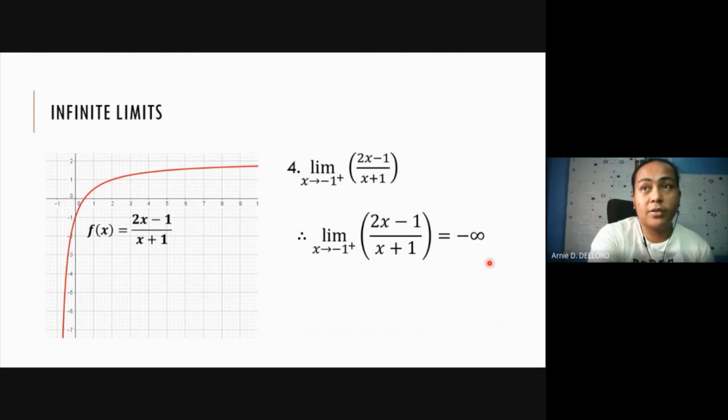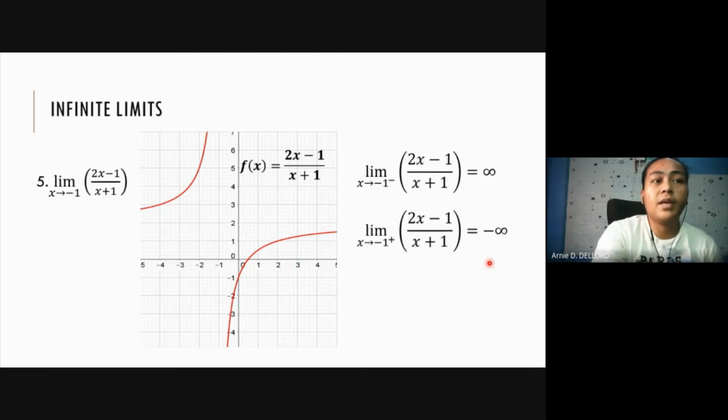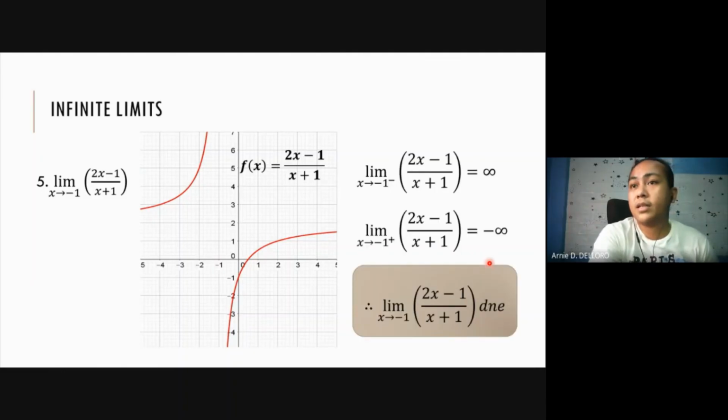Hindi. Tama kayo. Okay? So, it follows, if we will be answering number 5, the limit of 2x minus 1 all over x plus 1 as x approaches negative 1 does not exist.